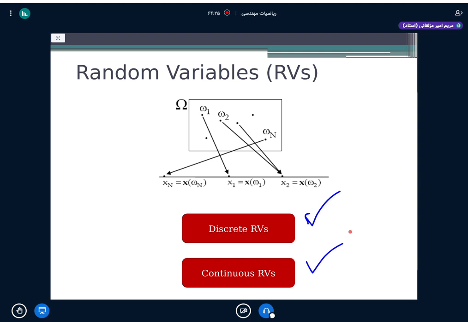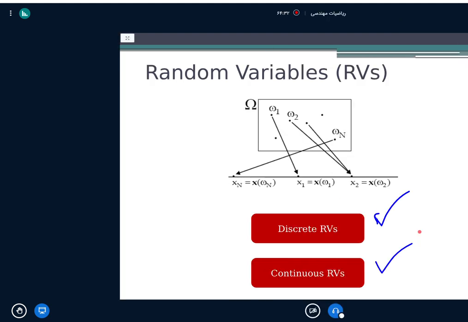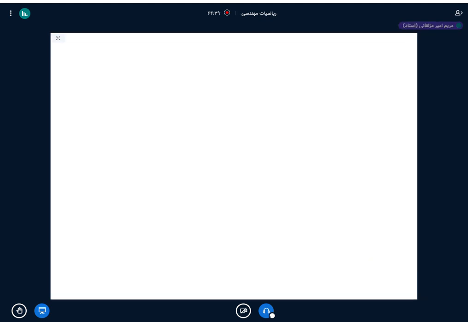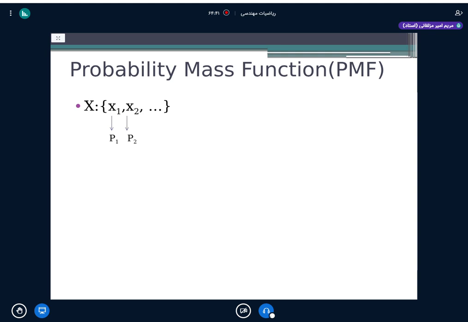Let's go ahead. Now, we want to fully understand and fully analyze a random variable. What do we need? We should pay attention to whether we are faced with a continuous or a discrete random variable.